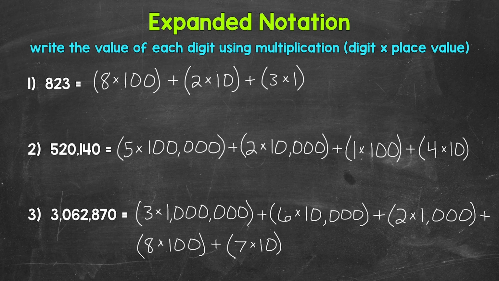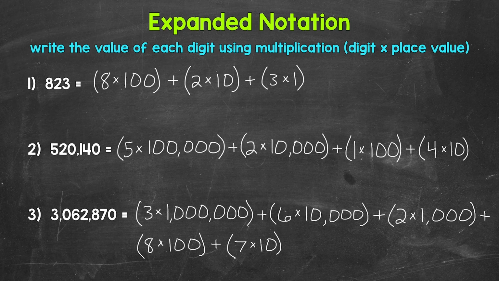For number 3, we should have 3 times 1 million plus 6 times 10,000 plus 2 times 1,000 plus 8 times 100 plus 7 times 10.